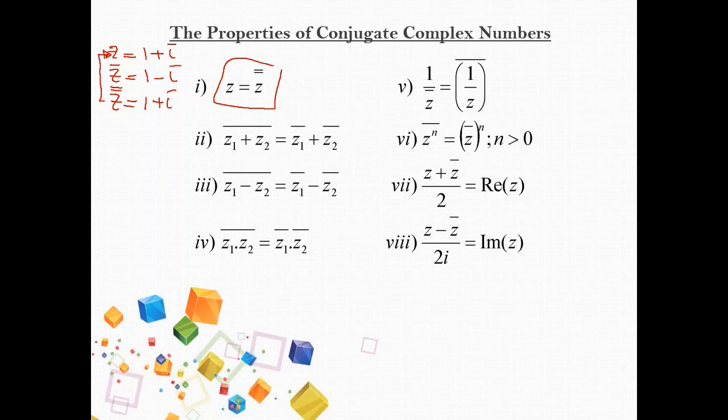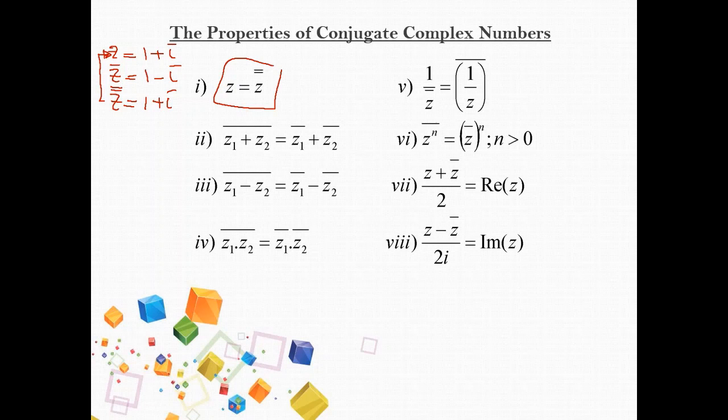Next, if you want to find the summation of z1 plus z2 and then find the conjugate of it, that is equivalent to finding the conjugate of each complex number first and then adding them later.